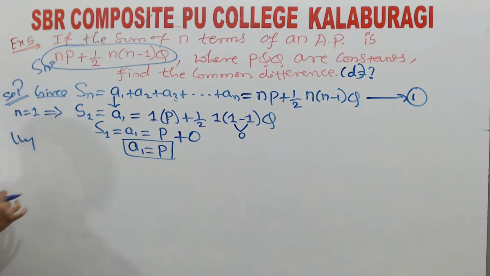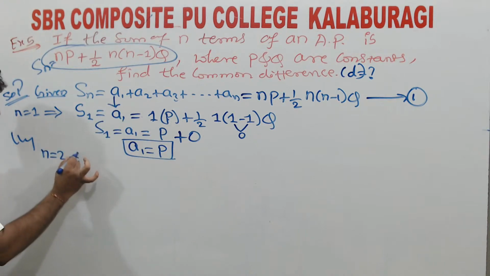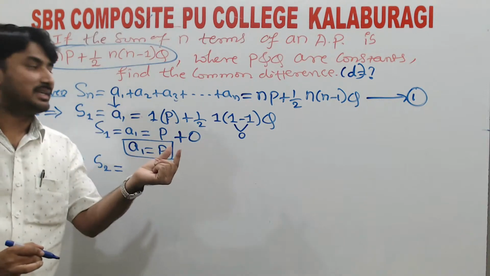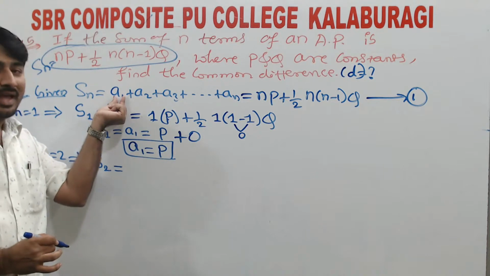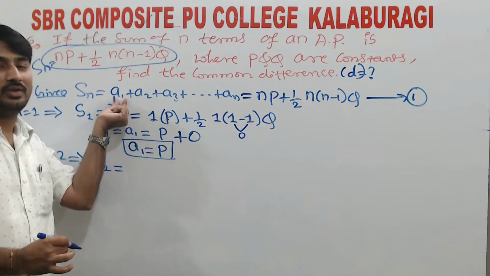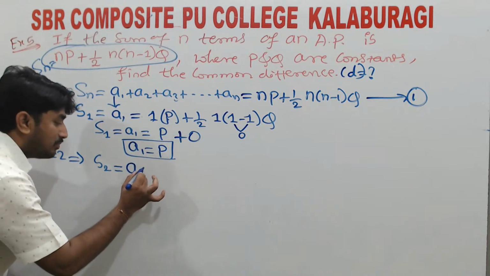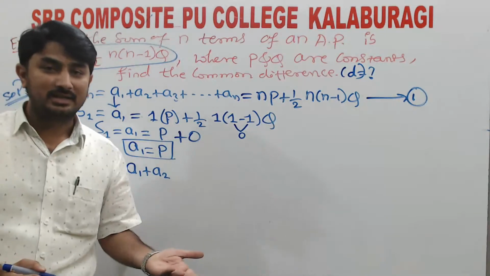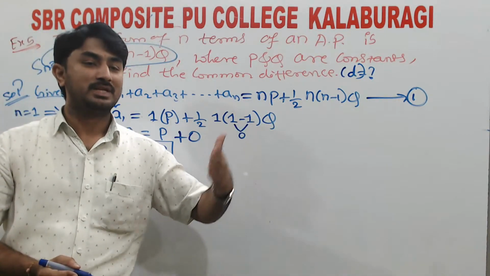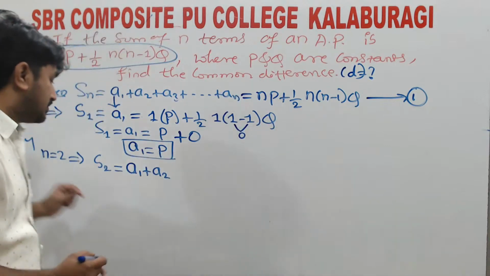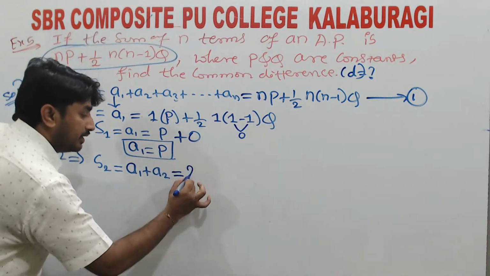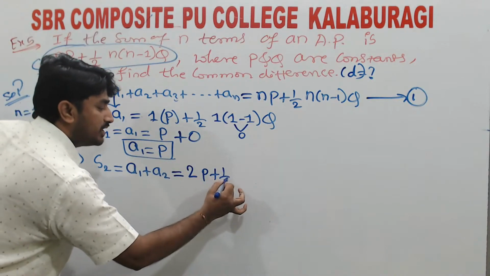Similarly, I want to find the second term value. For the sum of the second term, take n equal to 2. See here clearly: the sum of the second term means we have to take the first term as well as the second term, these two sum values. Suppose I want to find the third term, then the sum of three terms is A1 plus A2 plus A3. So here A1 plus A2 is equal to, in place of n I am taking 2, and P as it is plus 1 by 2 as it is.